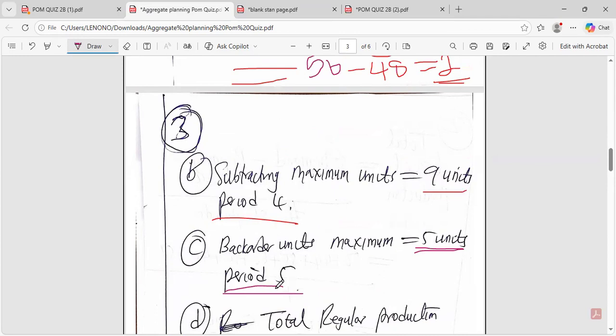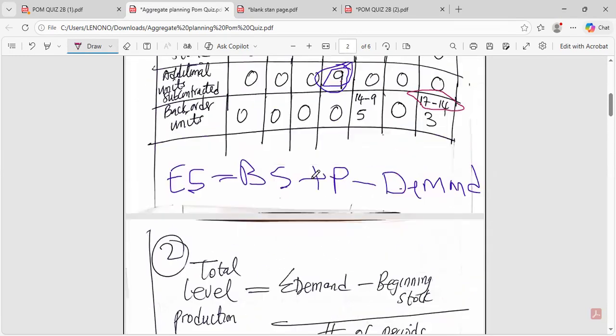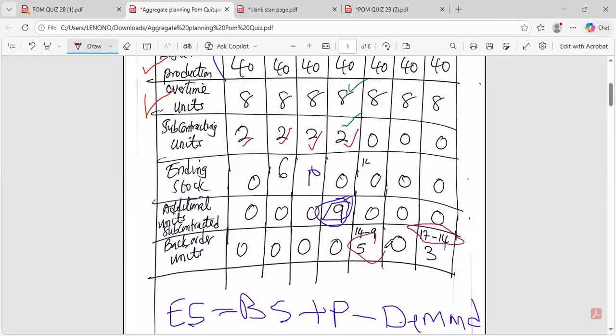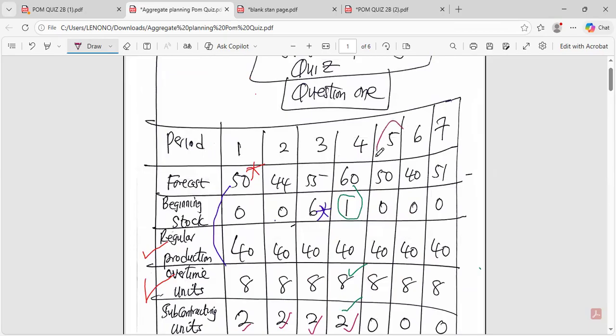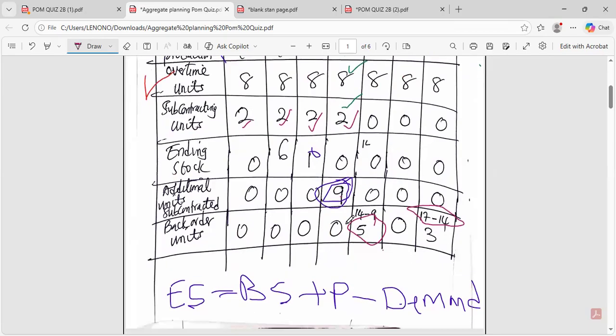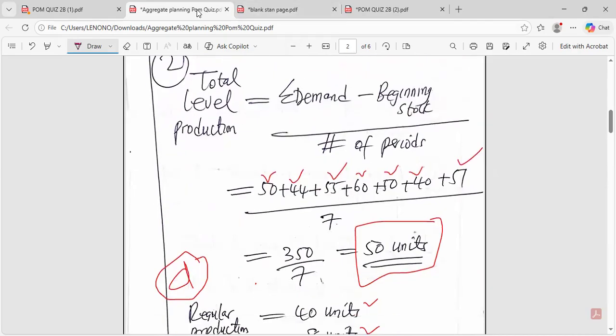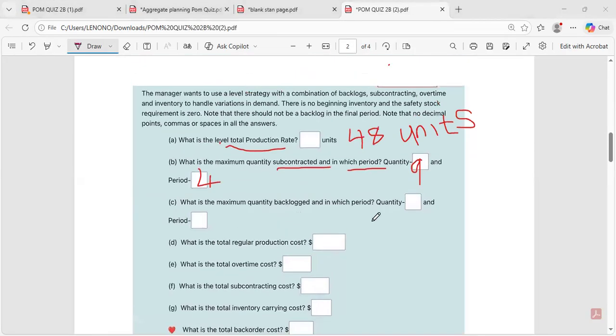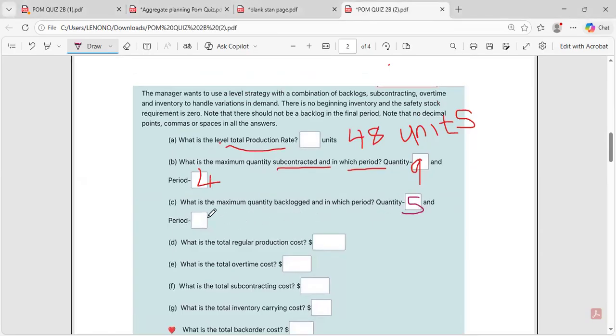That's what we have for the back order units: 5 units, period 5. So that is what we have.